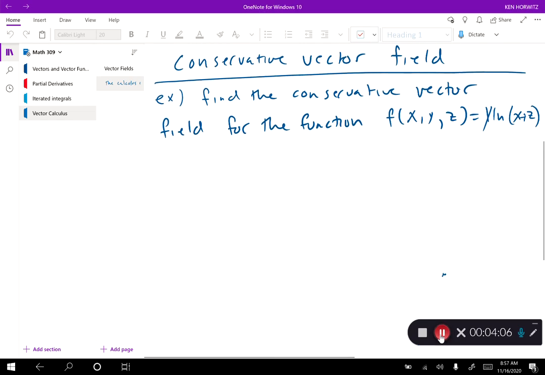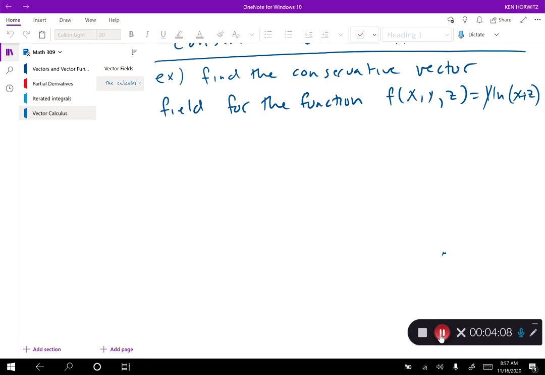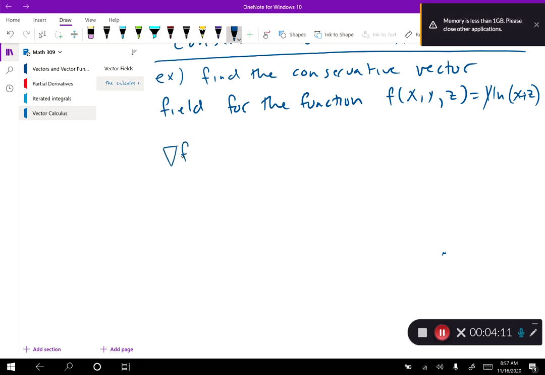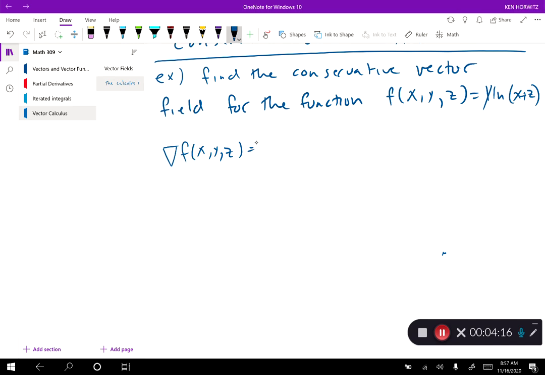Hopefully you worked it out. I got del f of x, y, z equals y over (x plus z) in the i direction, plus ln (x plus z) j, plus y over (x plus z) in the k direction.